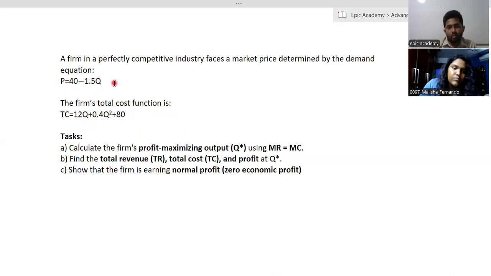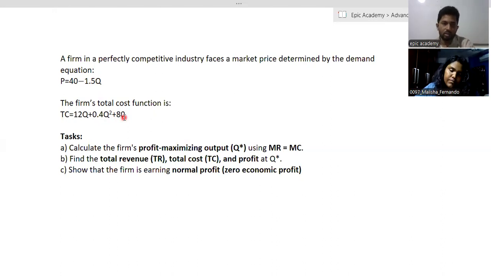In here, you can identify the demand equation represented by using the prices. Q represents the quantity of the exchange. In here, 12Q and 0.4Q power represent the total variable cost. And this 80 amount represents the fixed cost.